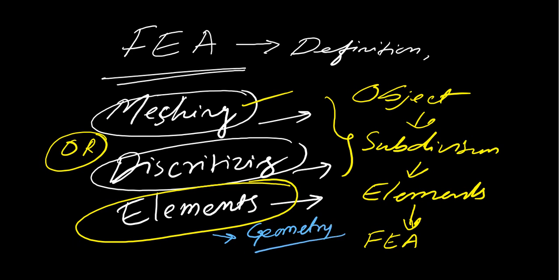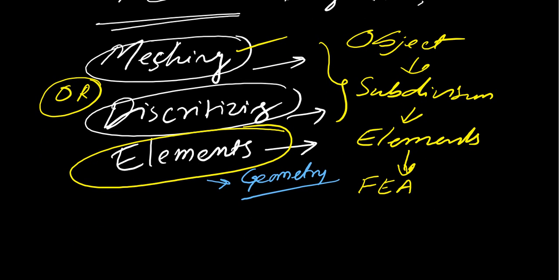The second factor is the behavior of the object or model. So one is geometry and another is the behavior or working condition of the object. Based upon that it will be divided.